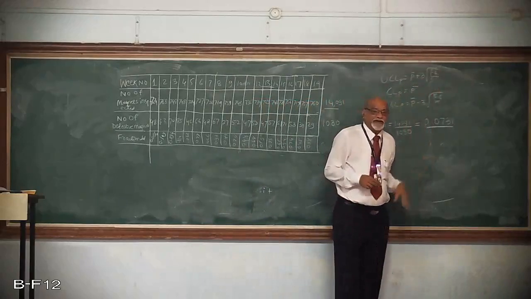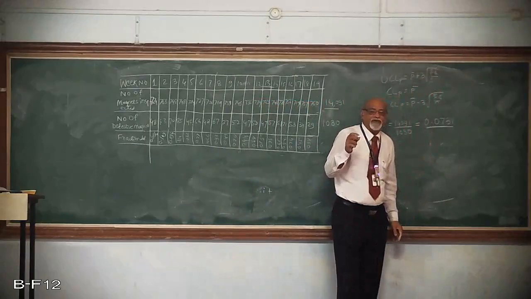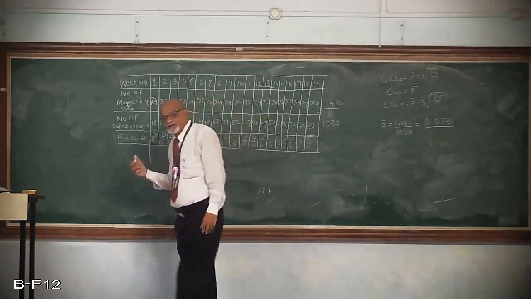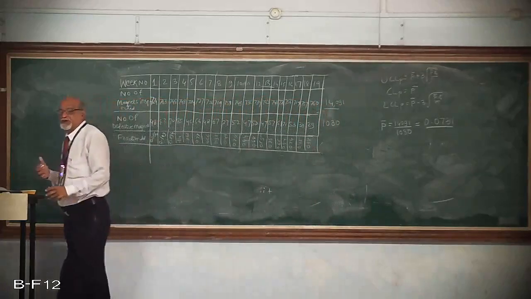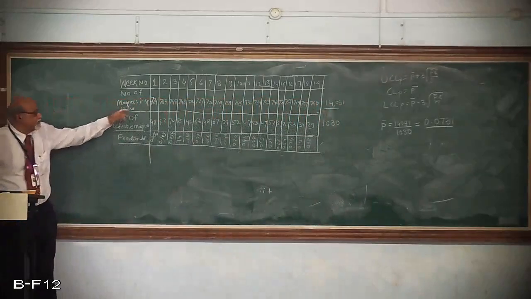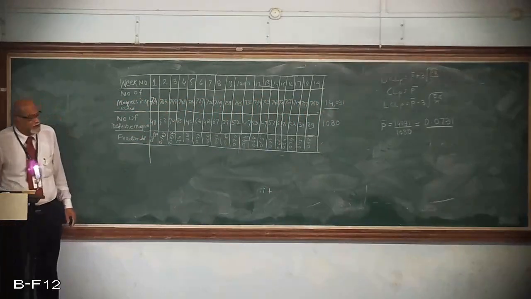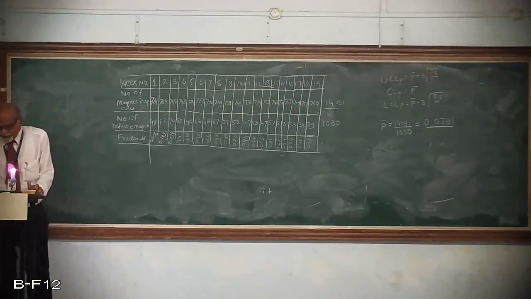It is recommended that if the variations are within 5 or 10%, then it is better to go for average sample size. So average sample size here will be 14,091 divided by 19, that is approximately 741.63. Let us say it is 742.